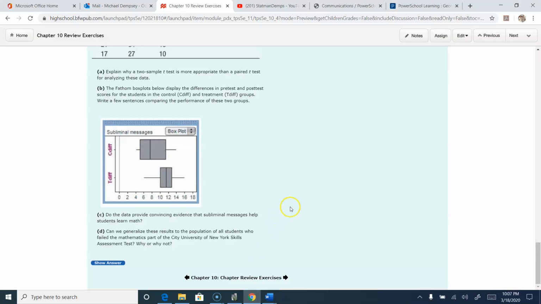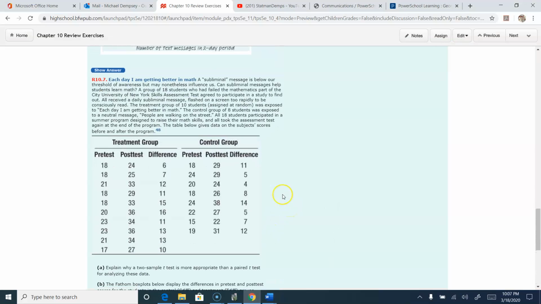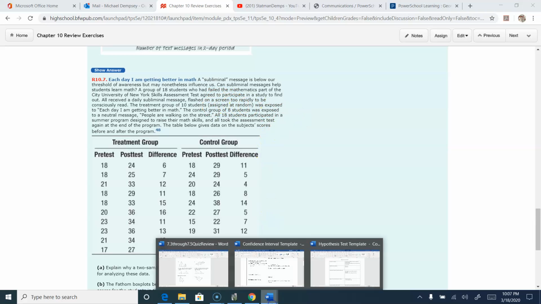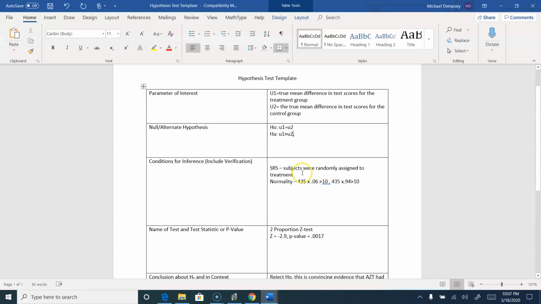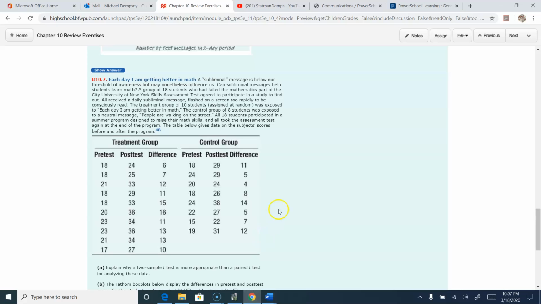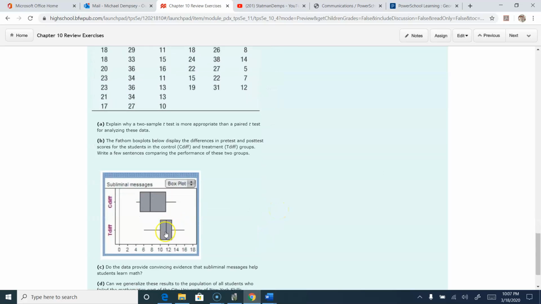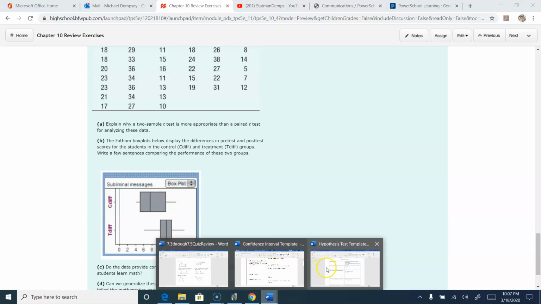Subjects assigned randomly. Okay, we just have to read the narrative to see, there it is, assigned at random. So we're good. Okay, and then for normality, remember we're doing a two-sample t-test here. Our box plots show we're roughly symmetric with no outliers, so we're good on that too. And we can just state that there.